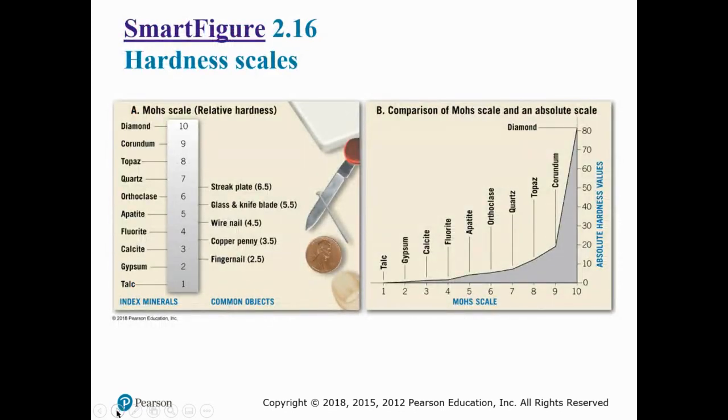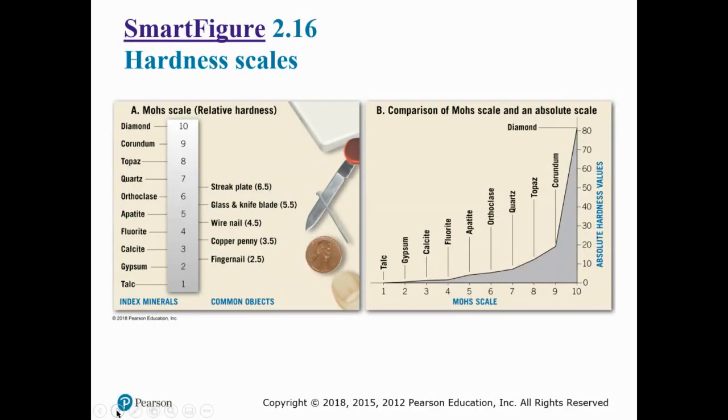So we see diamond is classified as the hardest, talc is the softest, and these on this list are considered to be our index minerals. So we're basically saying, if something is harder than talc but softer than calcite, then it could be a gypsum. Okay, gypsum has about a 2. So we can compare the hardness.